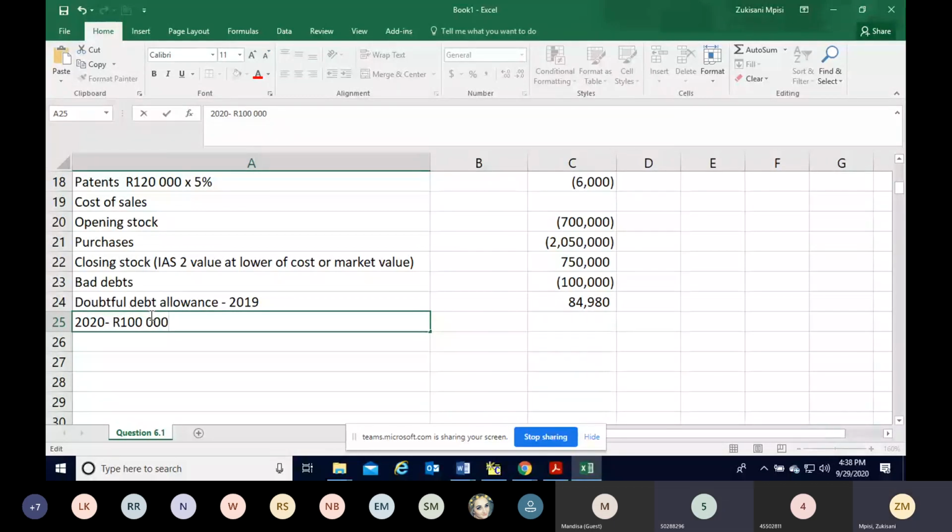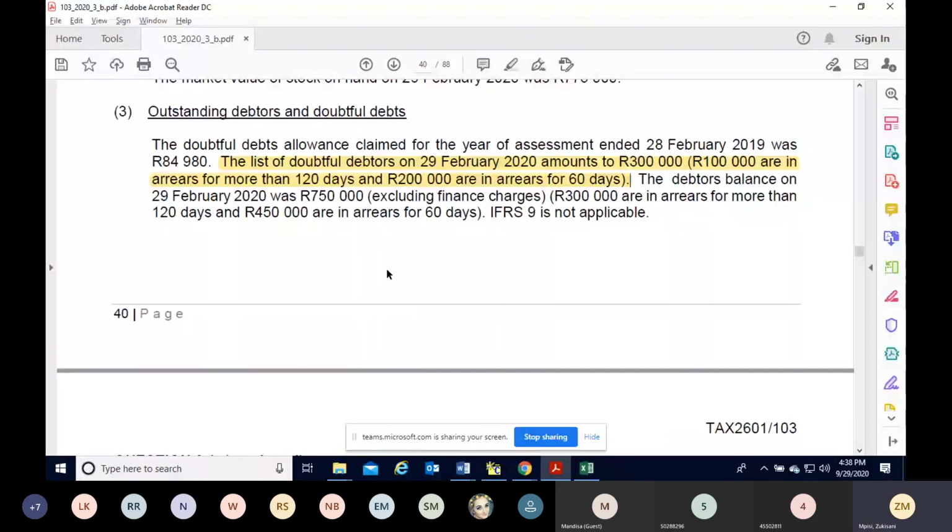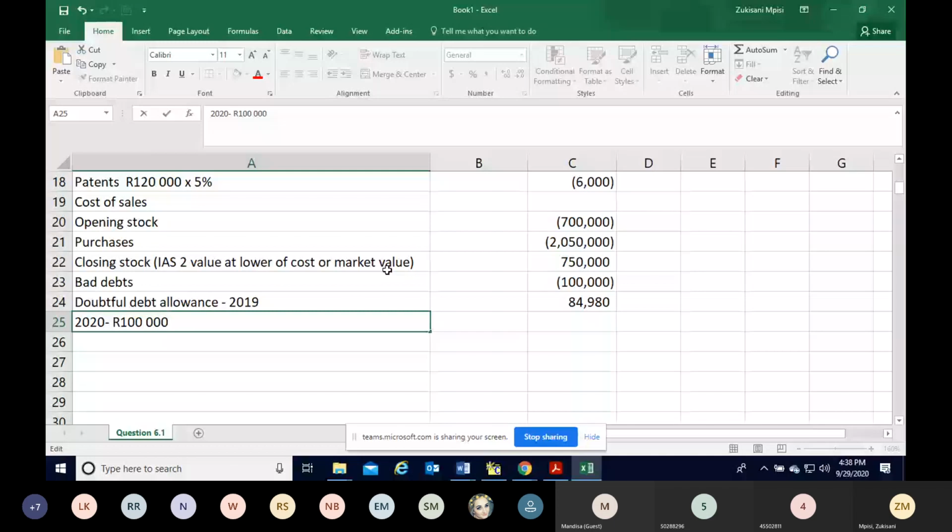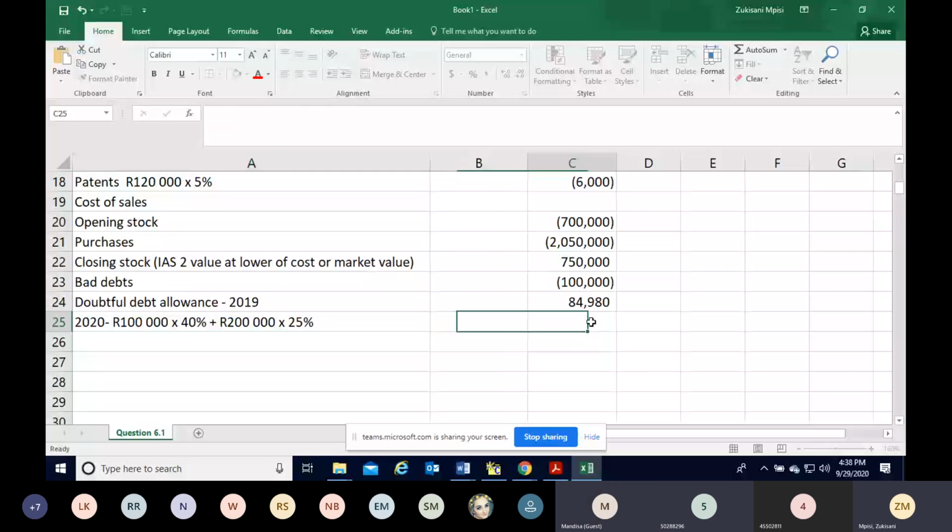It becomes 40%, and for 200,000, I think 25%.